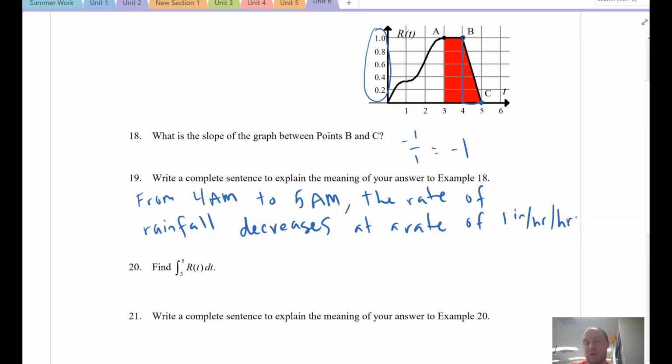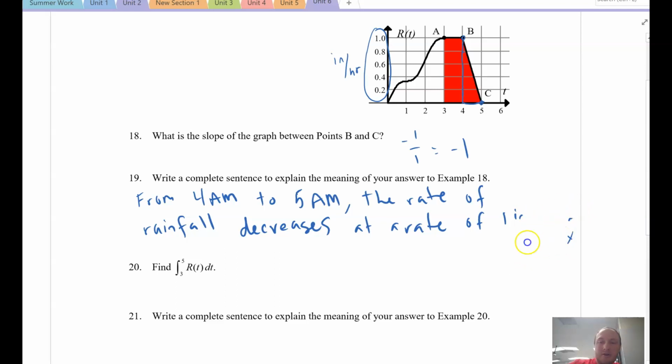Now, why is it 1 inch per hour per hour? Well, again, the inches per hour, that's your delta y, right? That's the units placed here, right? This is inches per hour, right? That's our rate. That's what an individual point represents. And then per hour is our delta x. So you'll see it written like this.